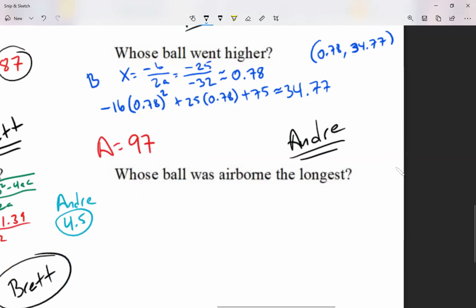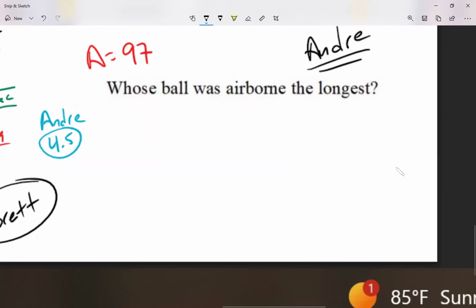Whose ball was airborne the longest? Okay, let's use Brett. Let me remind myself of the formula. Negative 16t squared plus 25t plus 75. That's the equation that we have.